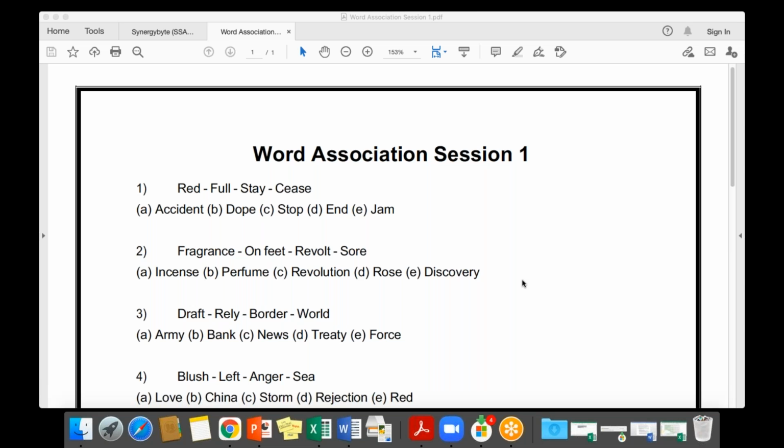Which of these words, out of A, B, C, D, and E, will go with all four? The options are incense, perfume, revolution, rose, and discovery.